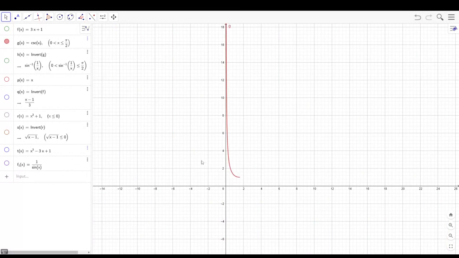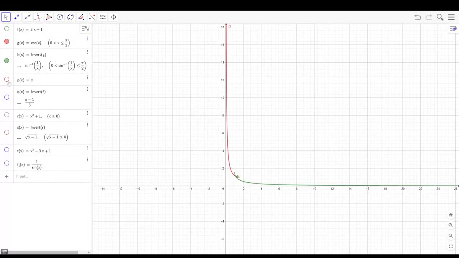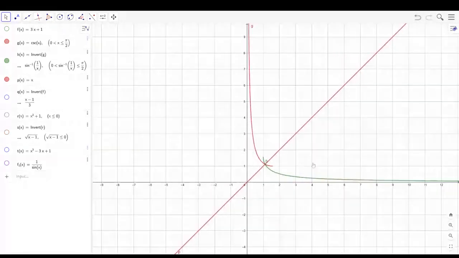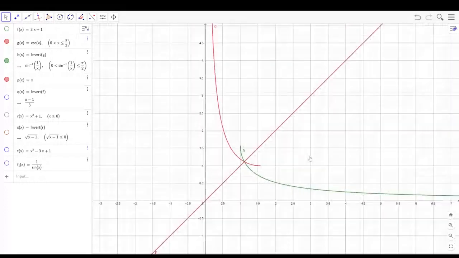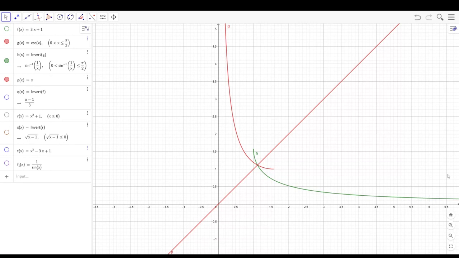So that's why this has been restricted to this interval, because it is one-to-one, right? So just let me show you again. There's the inverse, and there's the line y equals x. And you've got that lovely, lovely symmetry, okay? All right. So that's always a good check, whether you're using pen and paper or you're using some sort of software. It's always a good check to put in the line y equals x and look for that symmetry.